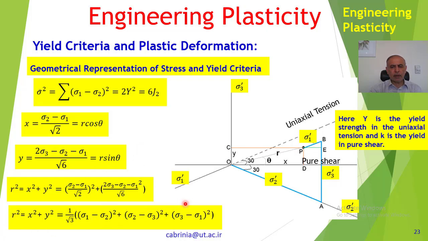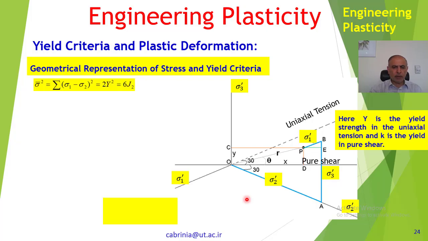Still note that this r is OP. Okay, OP. So if theta goes to 30, then we go to that. I will explain in a minute.